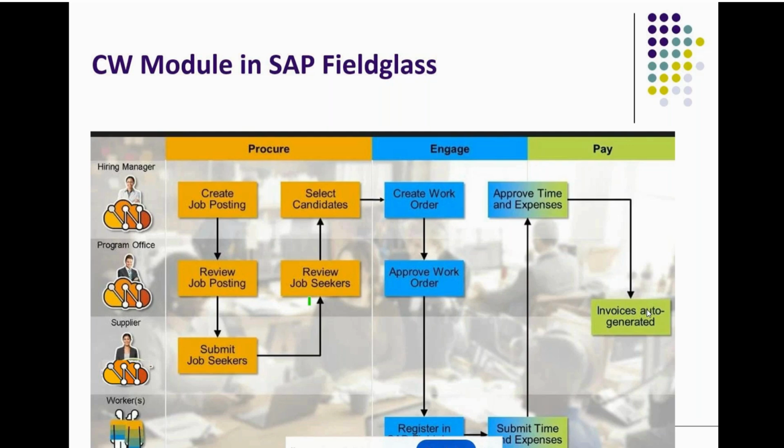There comes your CW model. You'll hire and pay him only for 1 year, right? You're not going to keep him long term. After your building is done, you'll let him go, and you'll not pay him after that. Similarly, the CW model works.